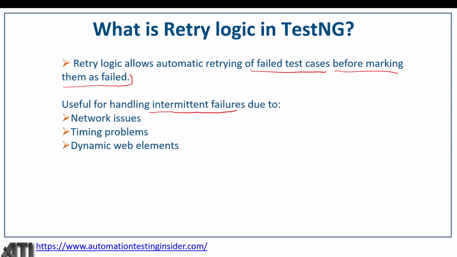Even if you handle them properly in our script, some other elements are dynamic in nature and may fail. These are the various reasons why we need to implement retry logic in our framework.